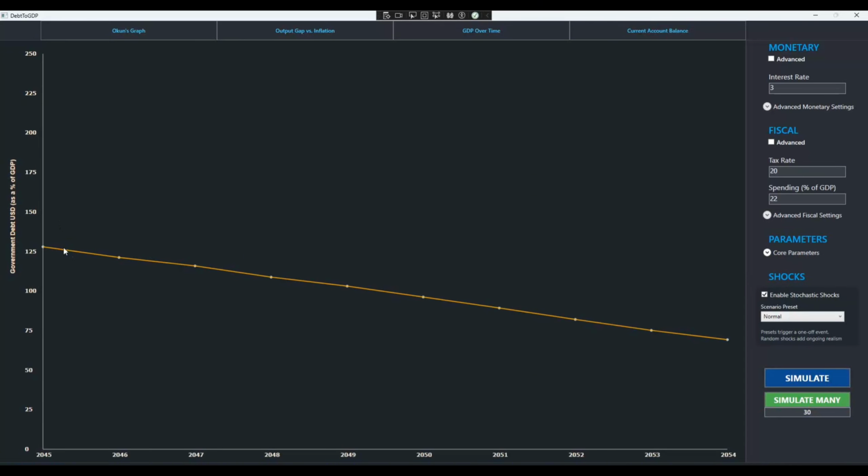So we have a near straight downward trajectory debt to GDP graph, and after increasing debt drift to a value higher than 0, we should see this trend line is higher up than it was currently, so it should be above this 125 mark around here.